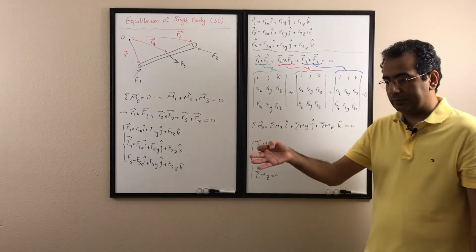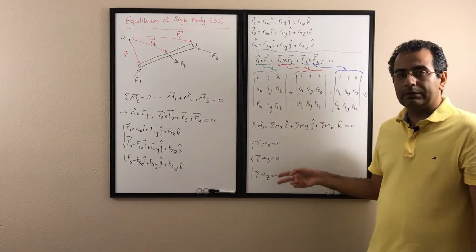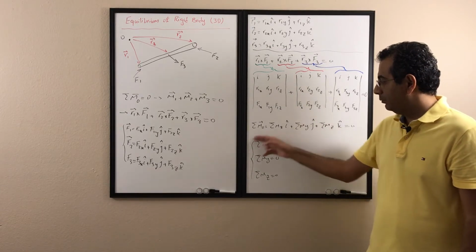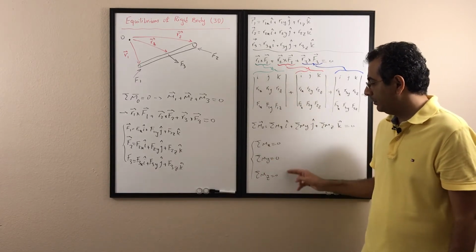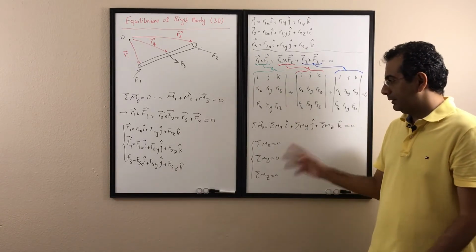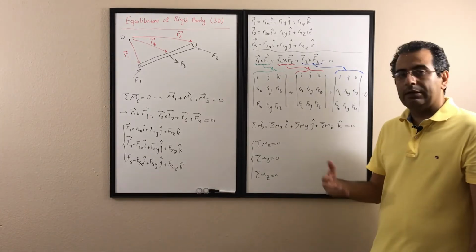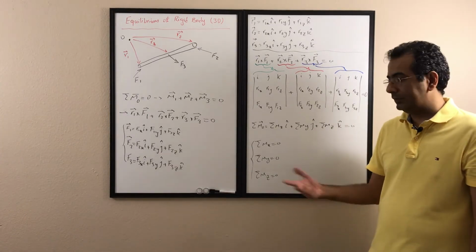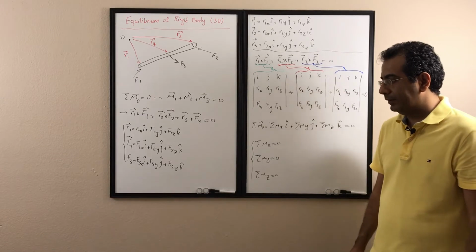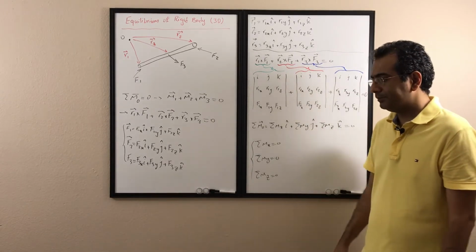These are the force along each axis, and these three are moment about those three axes. So sigma moment about x-axis, y-axis, and z-axis should be 0. Total with sigma Fx, Fy, and Fz being 0, it will give us 6 equations, so we can use it to find the unknowns in our problem.